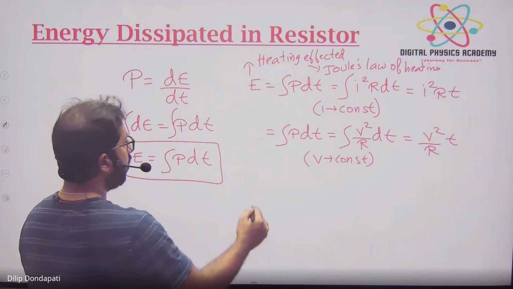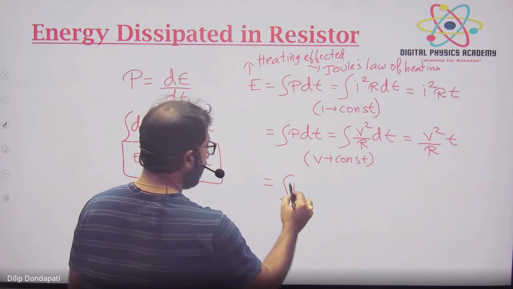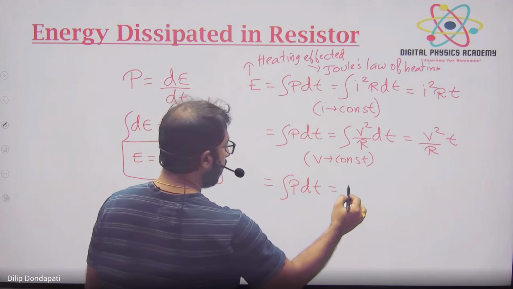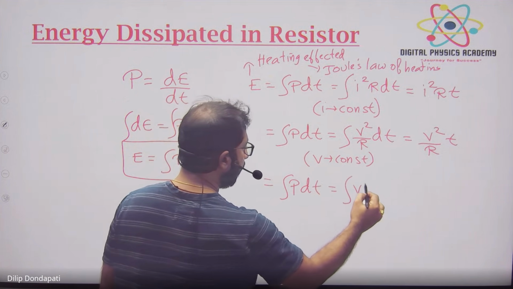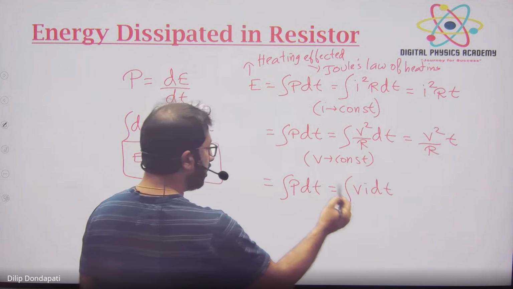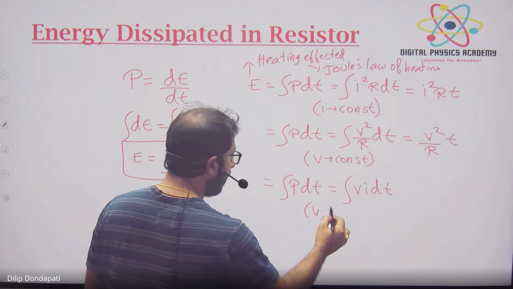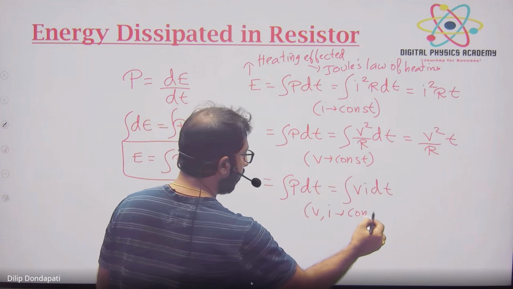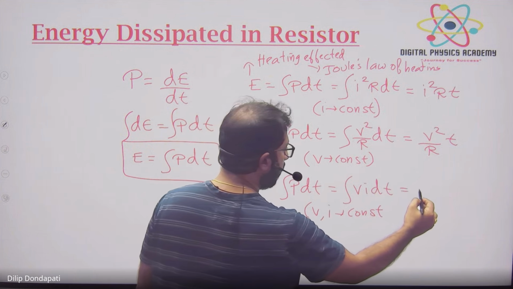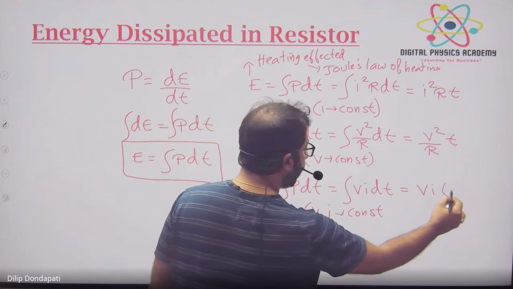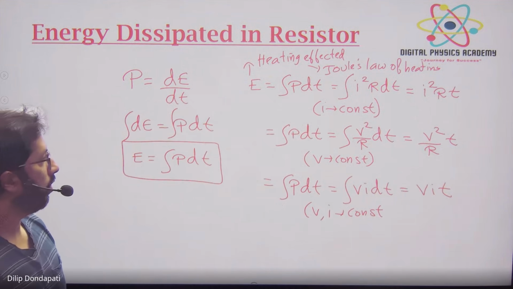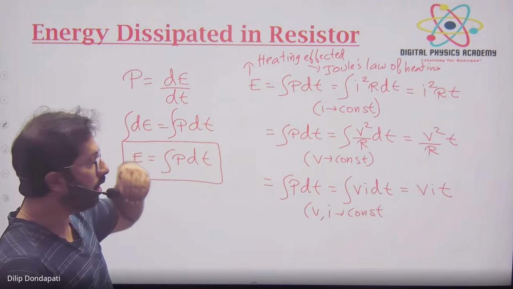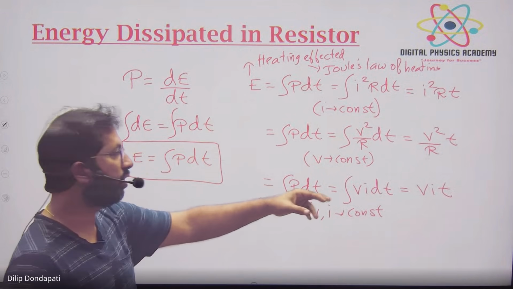And the third formula: integral P dt, with VI dt in place of P. In this, suppose V and I are constant, so what comes? VIT. So for the energy formula, if they don't mention anything and normal current is flowing, you have to use these formulas.